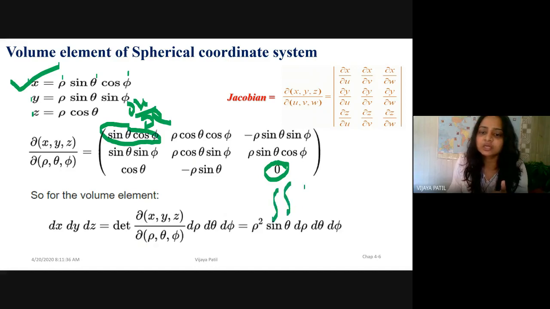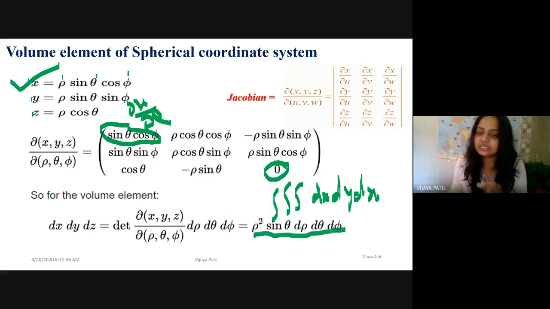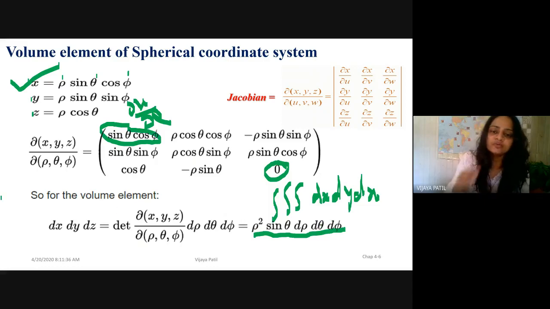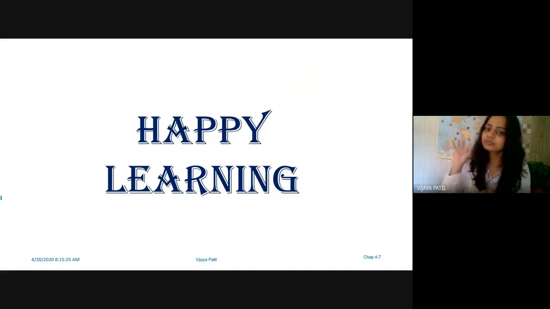So in the triple integral, the conversion for dx, dy, dz in spherical coordinates is rho squared sin theta d rho d theta d phi. I hope you have understood the entire concept of the spherical coordinate system. Thank you. Happy learning.